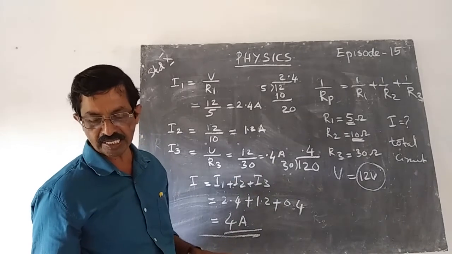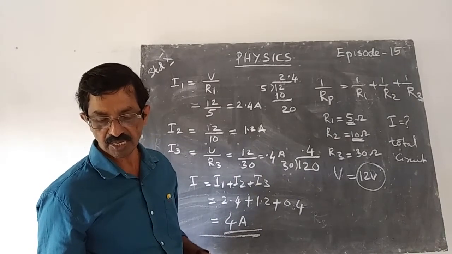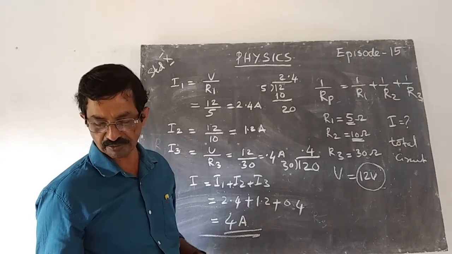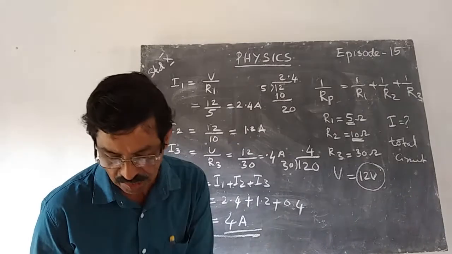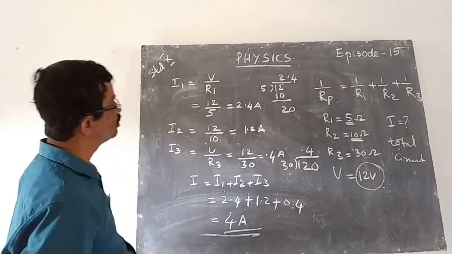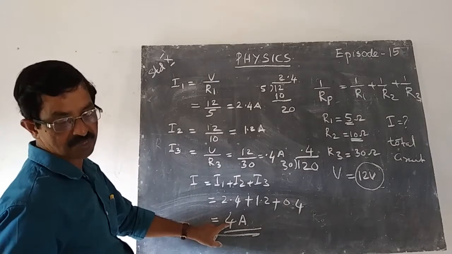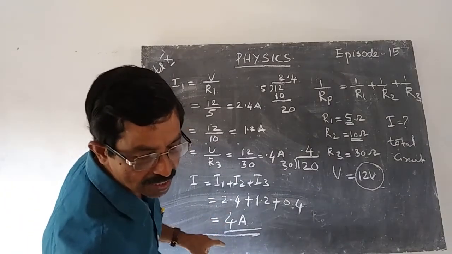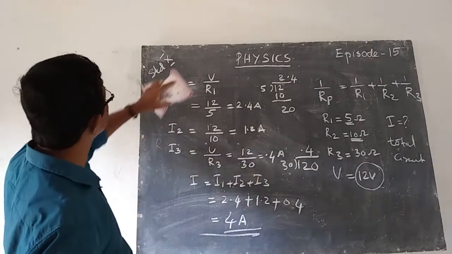Now one more thing they are asking is to find the effective resistance. That means we want to find the total resistance. The total current we got as 4 ampere. Now we want to find the total resistance in the circuit.